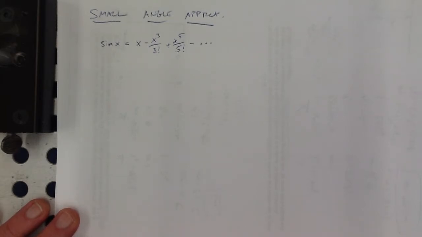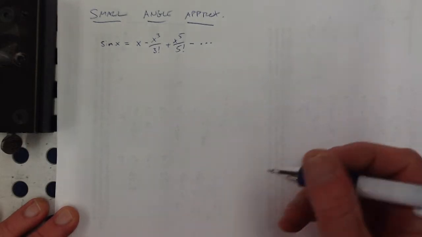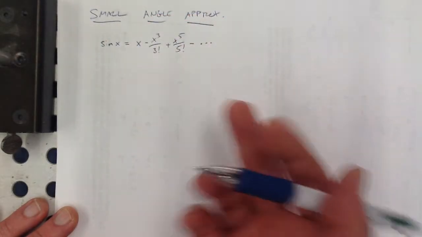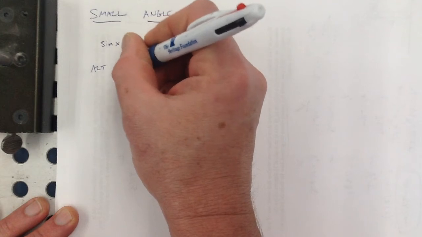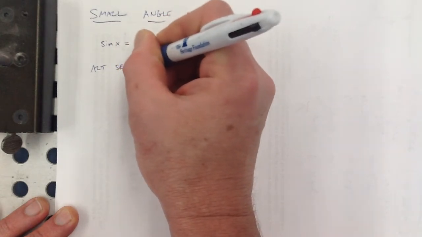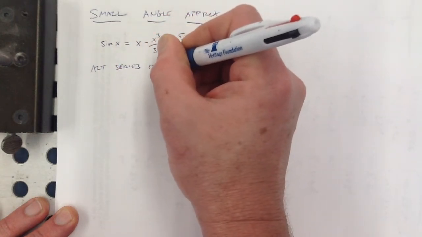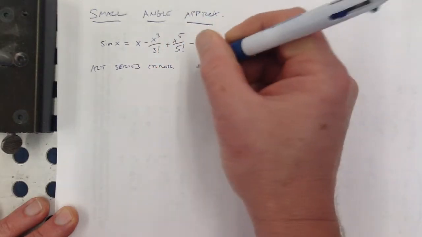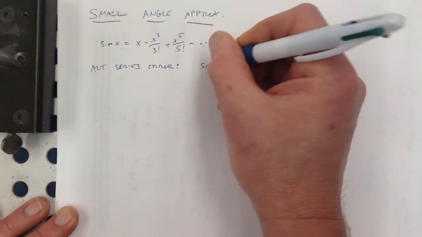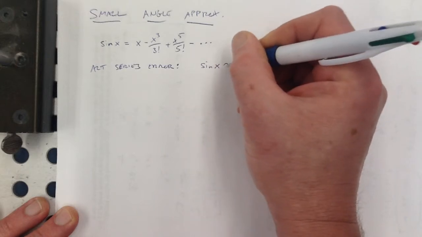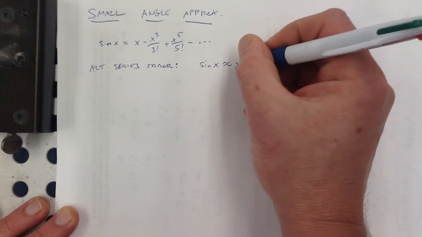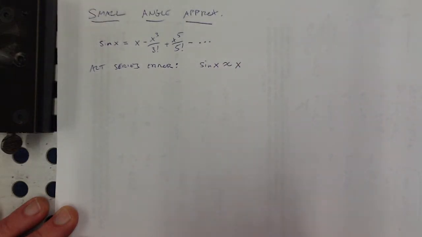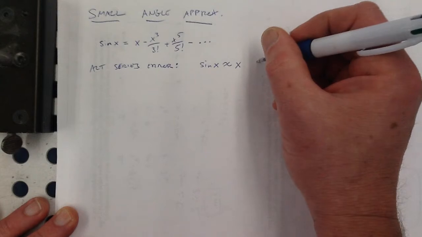How good is this approximation? And what if we want to actually use it in practice? Because of the alternating series error bound, I know that the sine of x is approximately equal to, if I only take the first term, x, with an error.